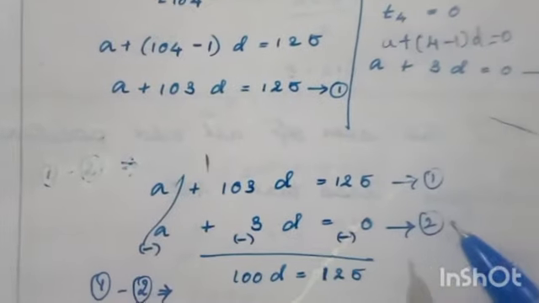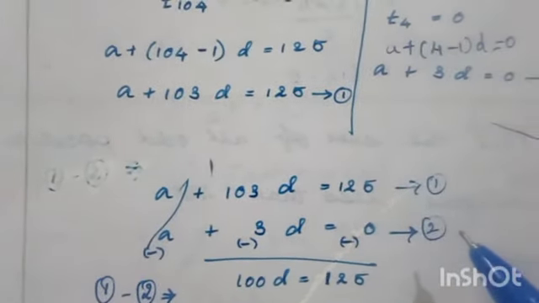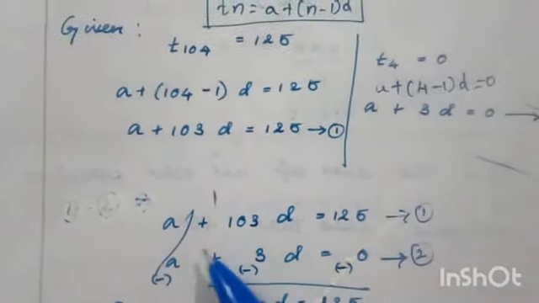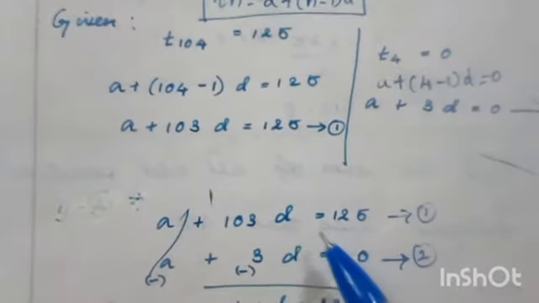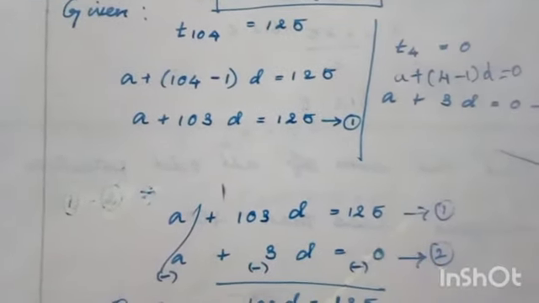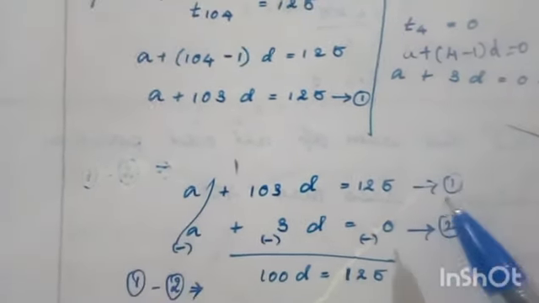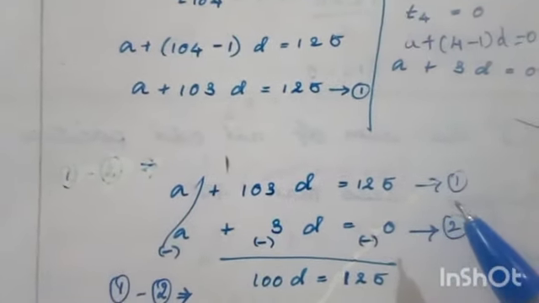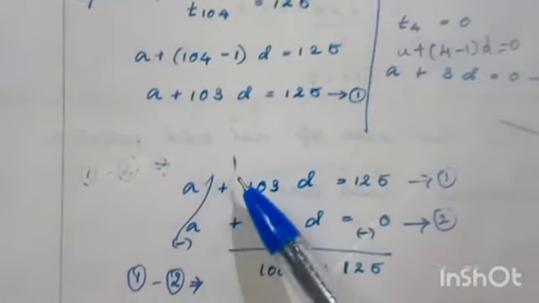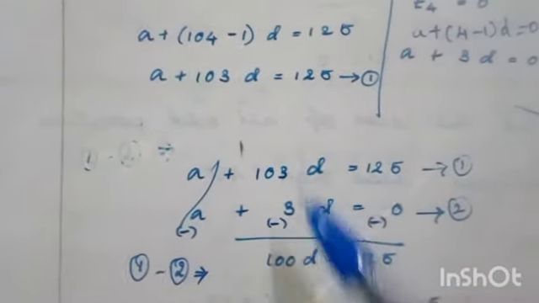We have to solve these two. Using these two equations, we have to find the d value. The first equation: a plus 103d equal to 125. The second equation: a plus 3d equal to 0. You have to use the elimination method. So we have to subtract 1 and 2.